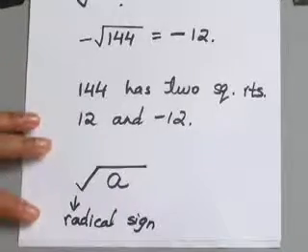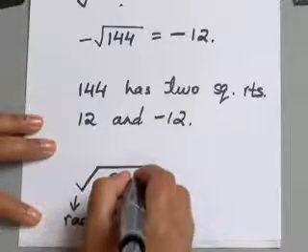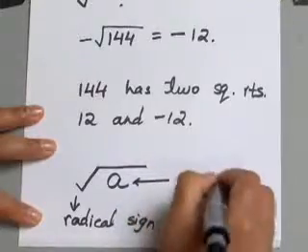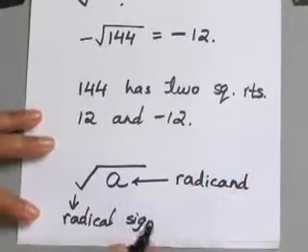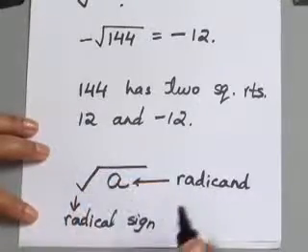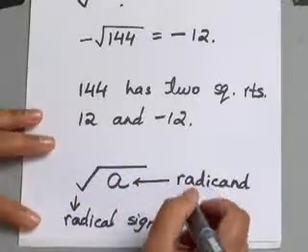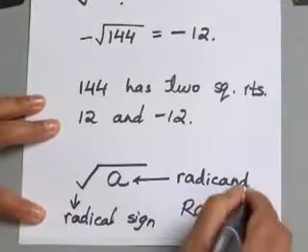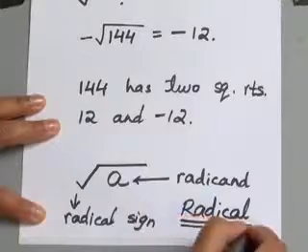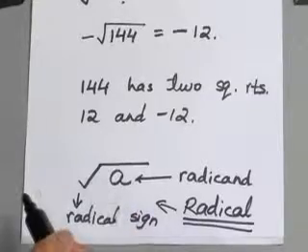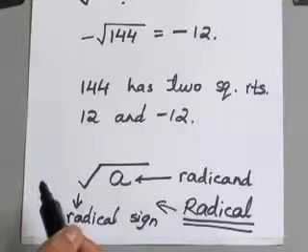The number that you're trying to find the square root of is what we call the radicand, and the whole thing together, with the symbol and the number itself, is what we call a radical. So the sign is called a radical sign, and of course the number inside is what we call the radicand.